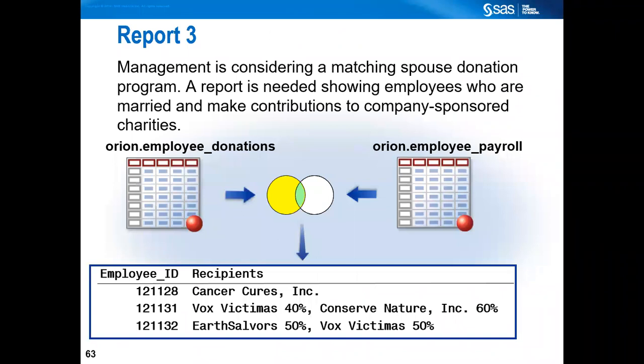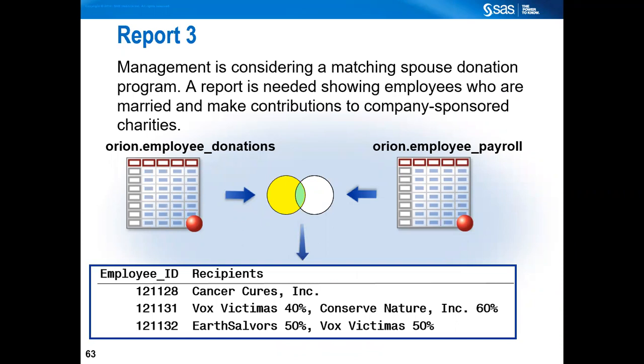All right. Now the third result is management is considering a matching spouse donation program. A report is needed showing employees who are married and make contributions to company sponsored charities. So you have two tables, donations and employee payroll.